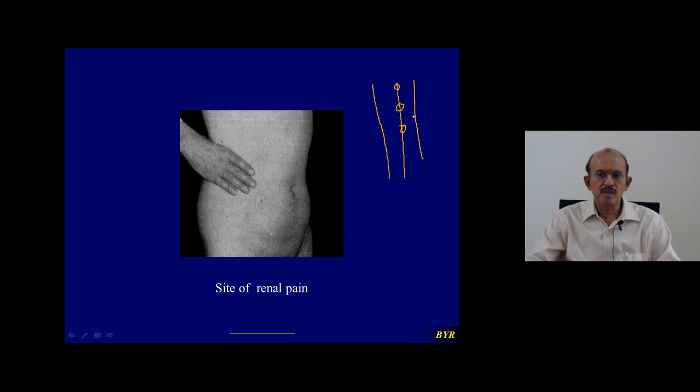Then from the side of the erector spinae muscle, you will notice the ribs that come out. This is the 11th rib, this is the 12th rib. They are called floating ribs. So on either side, there will be a 12th rib and an 11th rib. The junction between the 12th rib and the lateral border of the erector spinae muscle is called the renal angle. This is called the renal angle.